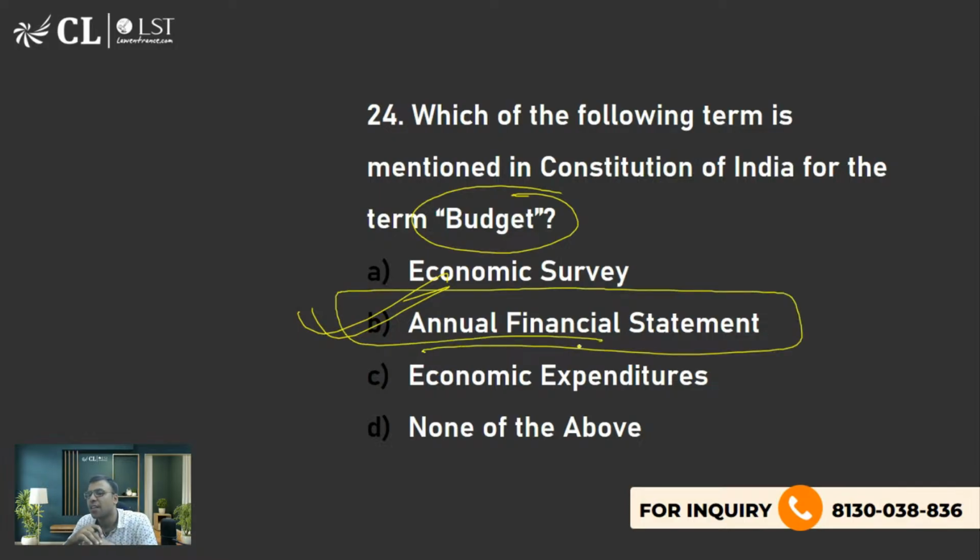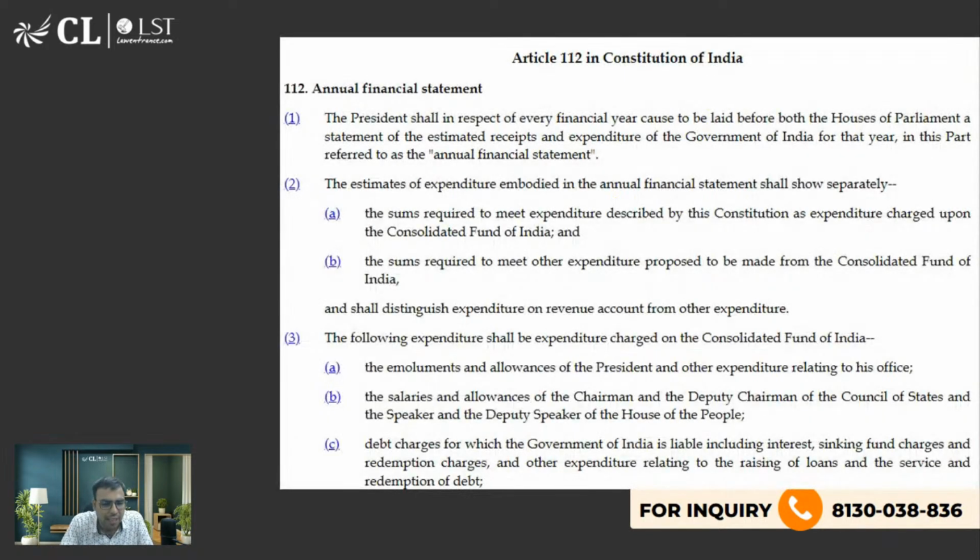This line is mentioned, and in which article is it mentioned? Annual financial statement mentioned where? Article 112, है ना. जब बजट वगैरह न्यूज में आता है, अक्सर डिस्कशन में होता है. So B is the right answer, है ना. Annual financial statement talks about this.